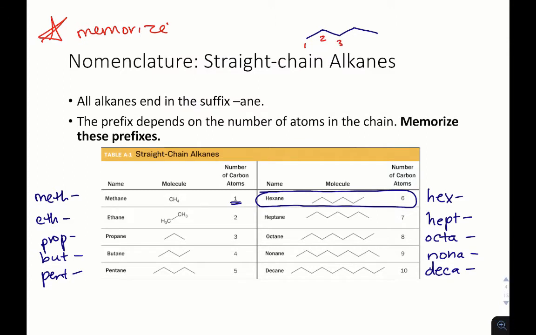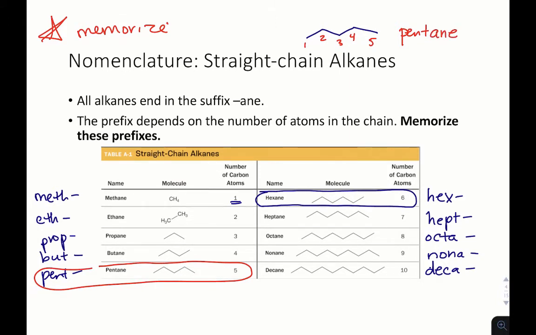Of course we can. We need to count the carbons. There's 5 carbons, so 5 is pent. It's only carbons and hydrogens, all single bonds, so pentane, where ane again means alkane.